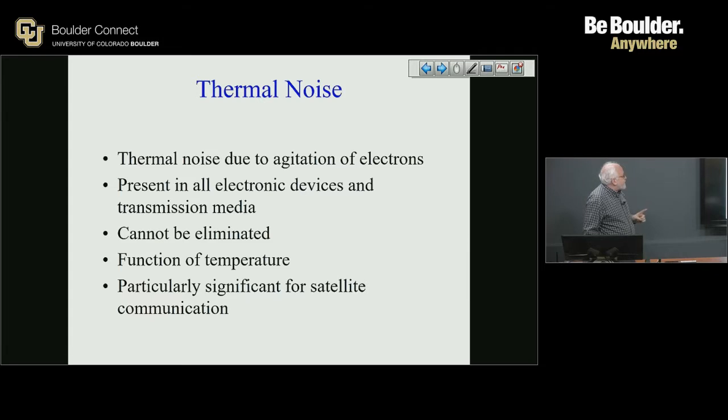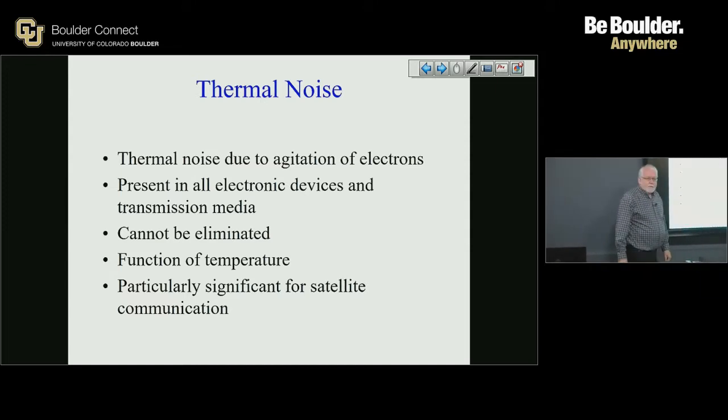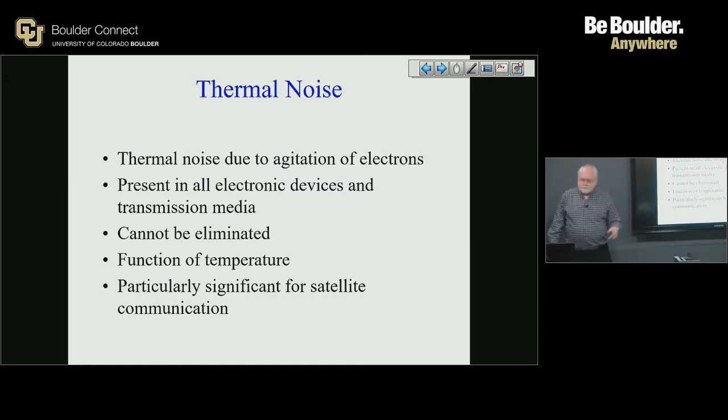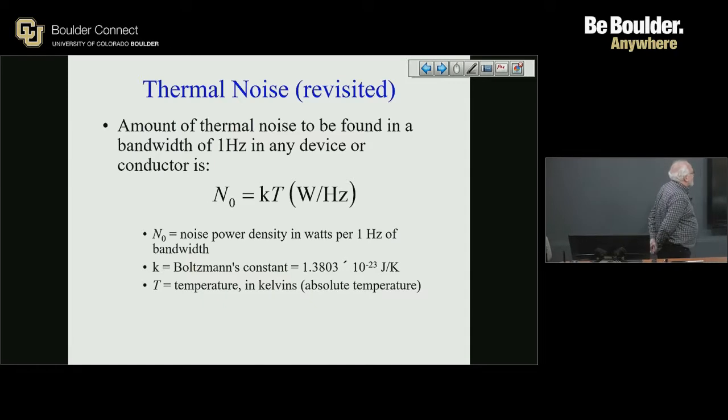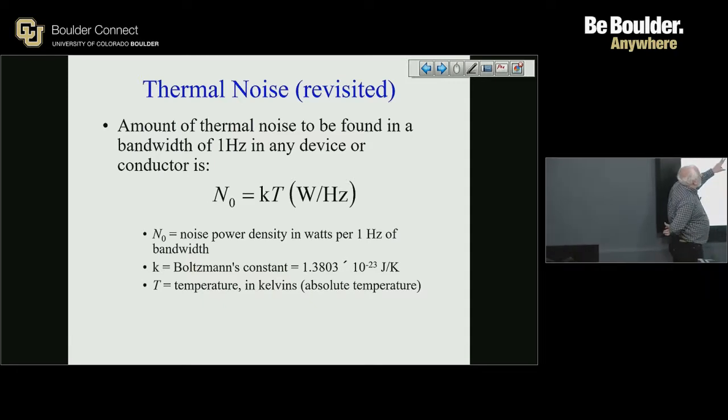To revisit some of the things we talked about last time, we also have to accommodate thermal noise. In satellite communications, this is especially a big deal because we're trying to operate at very long distances with very low margins. As we talked about last time, KTB is the amount of thermal noise.